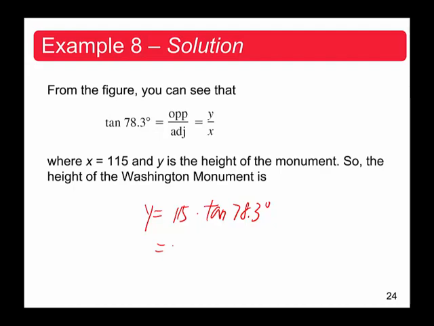You want to make sure that your calculator is expressing degree measurements. Let me check my calculator.